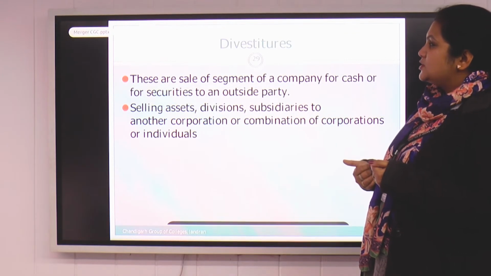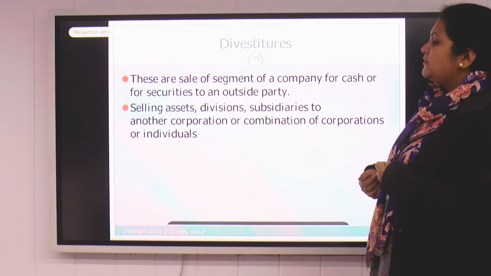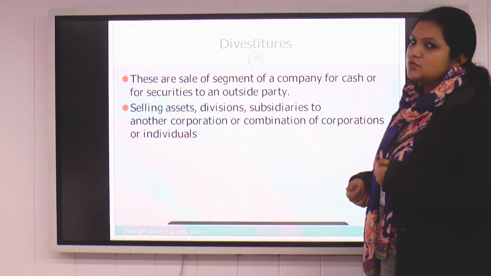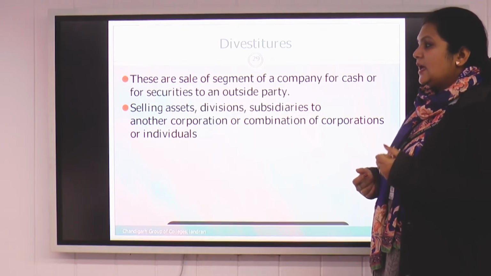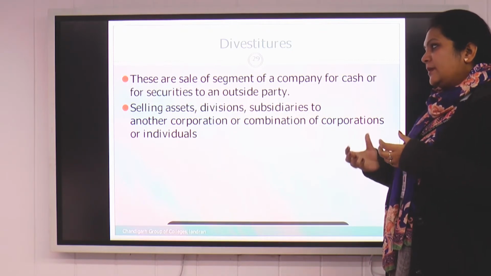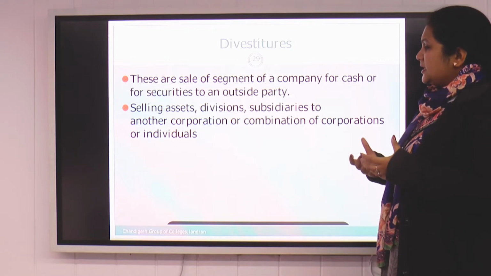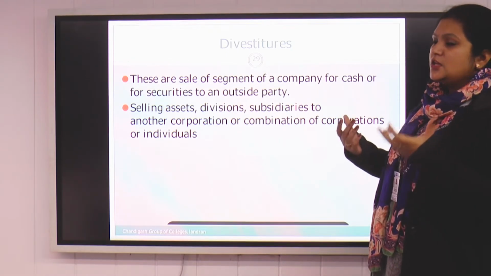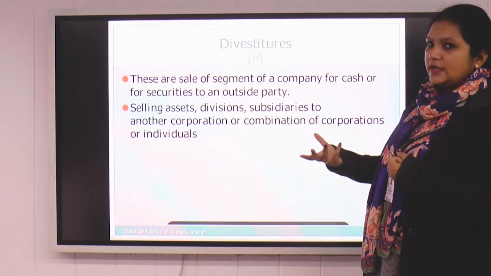Then is divestitures. These are sale of a segment of a company for cash or for securities to an outside party. In this, you sell one segment of a company for cash or on a securities basis, in exchange for shares, to someone outside the company.